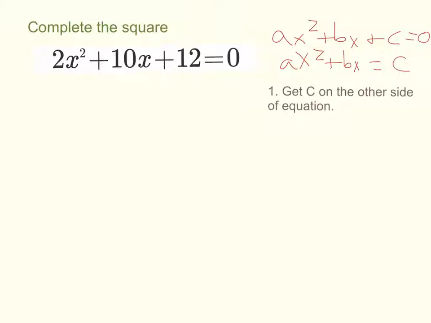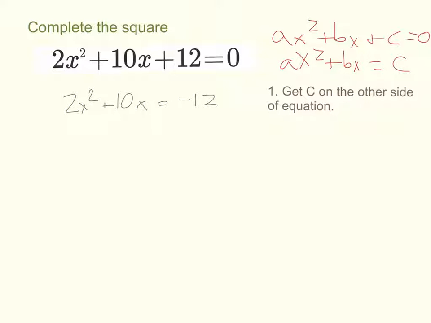So reorganizing this, I have 2x squared plus 10x equals negative 12. Now the next step is we essentially need to divide everything by a, because we don't want a coefficient other than 1 in front of the x squared.